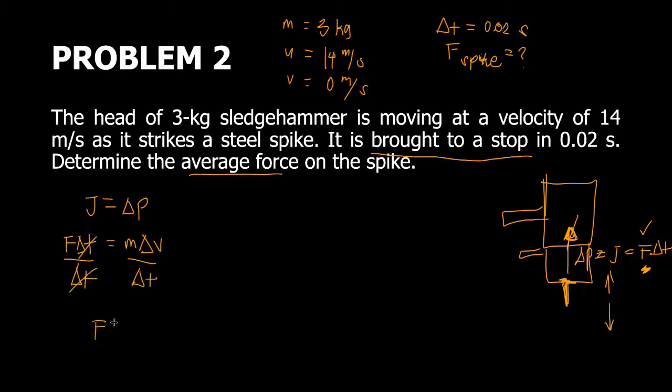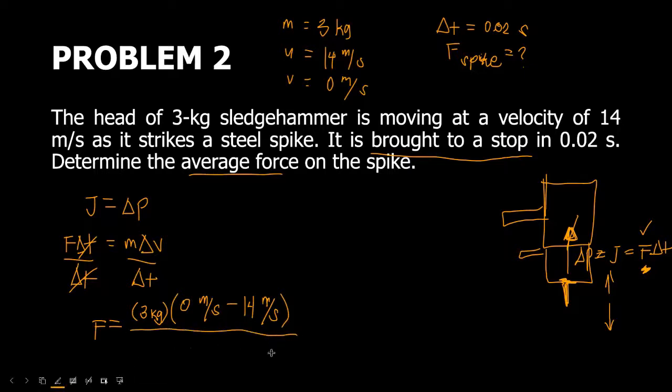So we have F equals the mass. Ano yung mass niya? That is 3 kilograms times delta v. So ano yung delta v? That's final velocity, 0 meters per second, minus initial velocity, which is 14 meters per second, divided by delta t, which is 0.02 seconds.